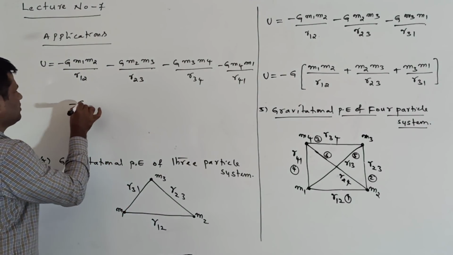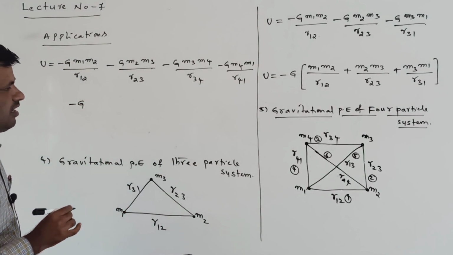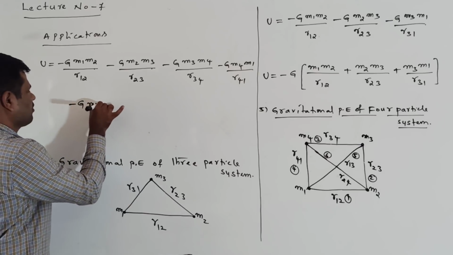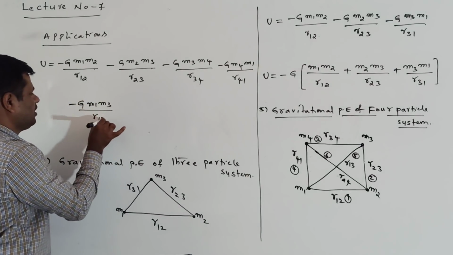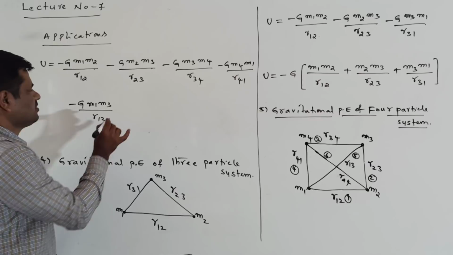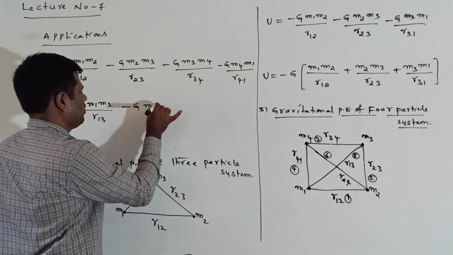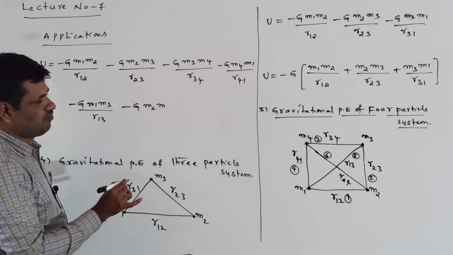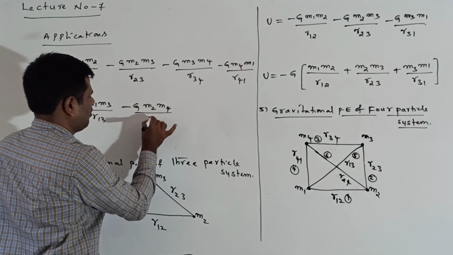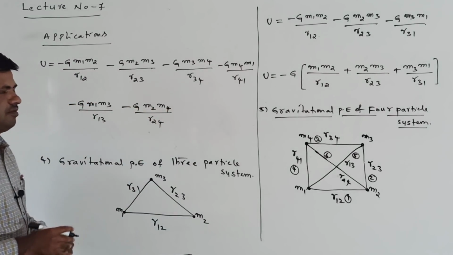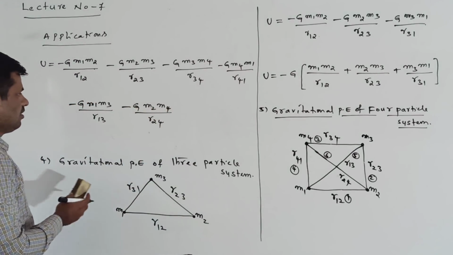Next minus G into M1 M3 by R13, minus G into M2 M4 by R24. We can write like this.